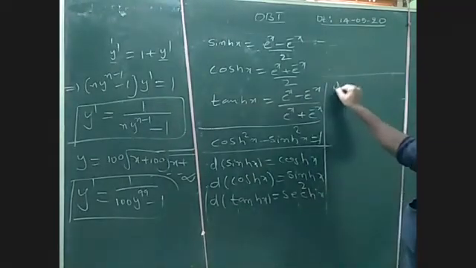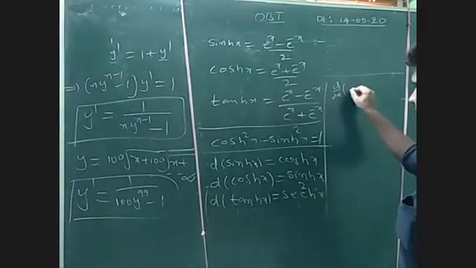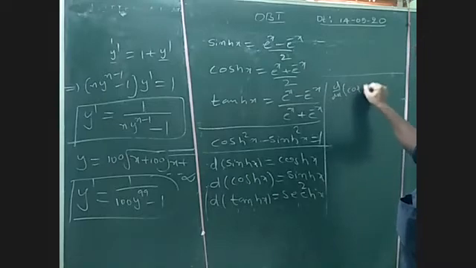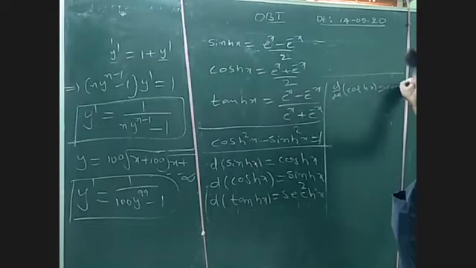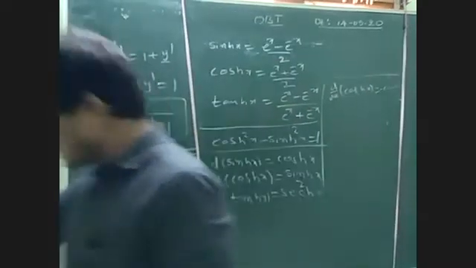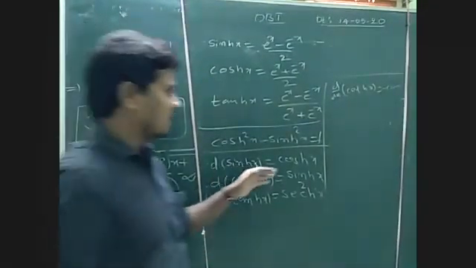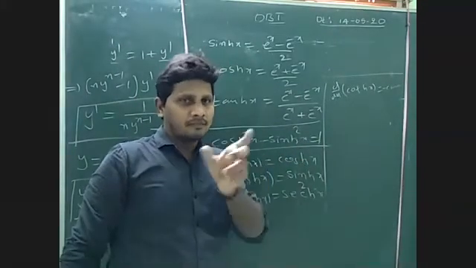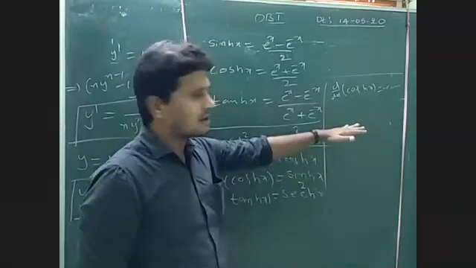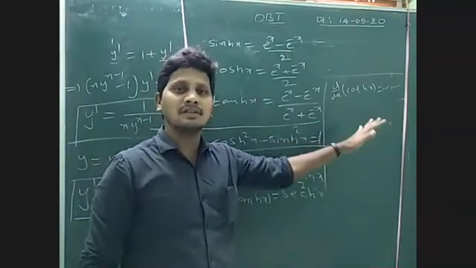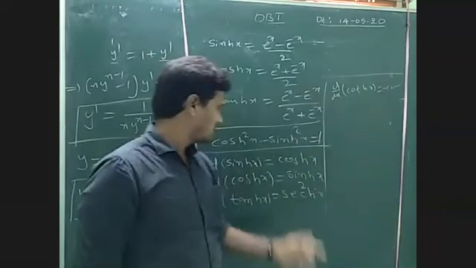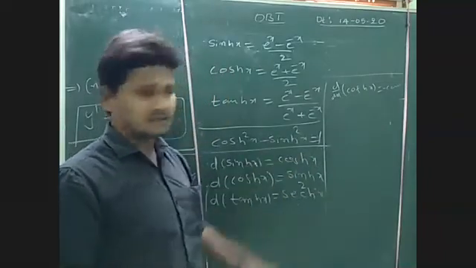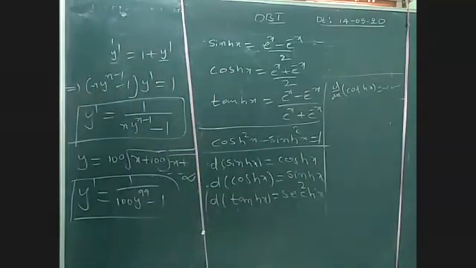Like d by dx of coth x becomes minus cosech square x, and for sech x, like the trigonometric derivative of sec x is sec x tan x, here we get minus sech x tanh x. First 3 functions are positive, next 3 are negative, like that.